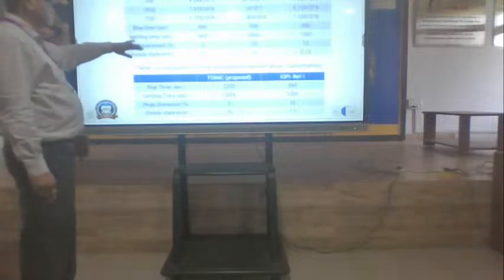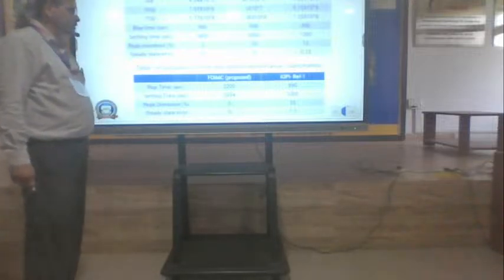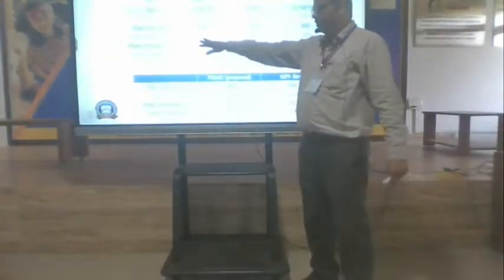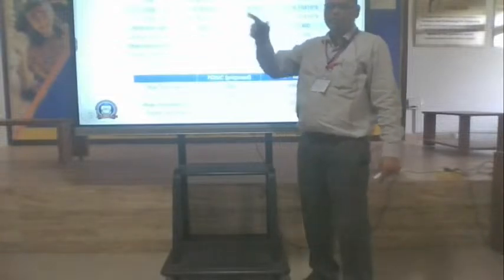Similarly, you can calculate rise time, settling time, peak overshoot, steady state error. All those values you can calculate. If you take the peak overshoot, you can see that our proposed control is giving only 2%. Peak overshoot means the peak value minus the steady state value, divided by the steady state value, multiplied by 100, so we take the percentage value.